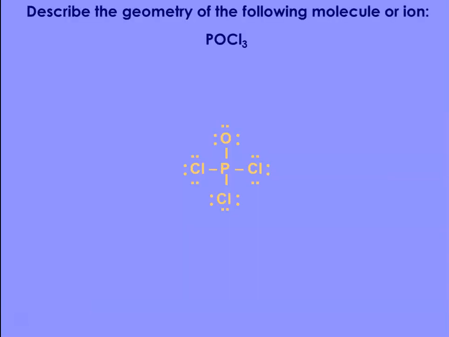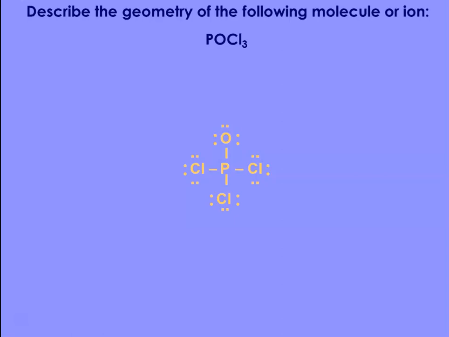So if I wanted to describe the geometry of these molecules, I would want to take a look at how many areas of electrons will be around the central atom. Are they being shared or are they not being shared? So with POCl3, we see that there are 4 areas of electrons around that central atom.